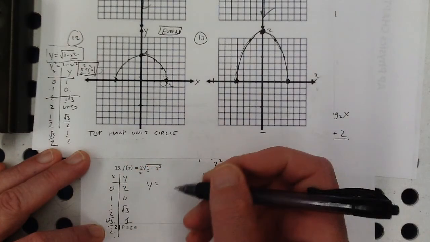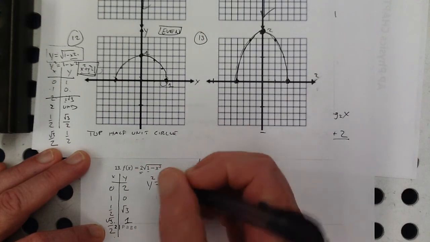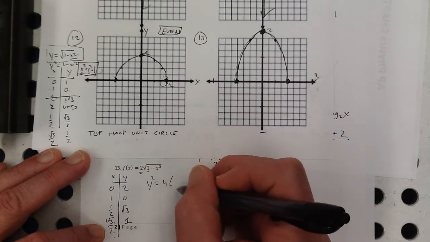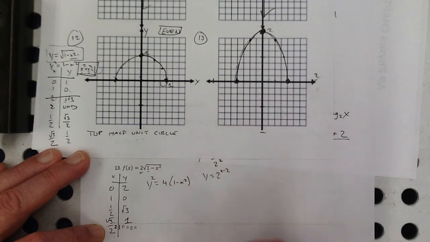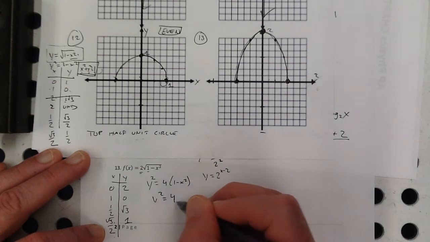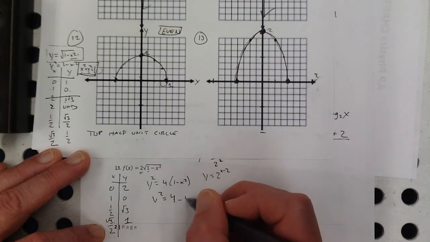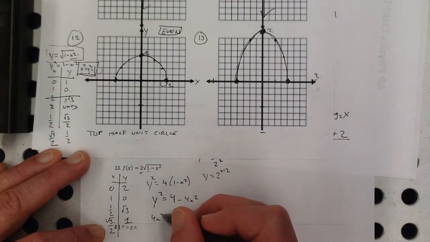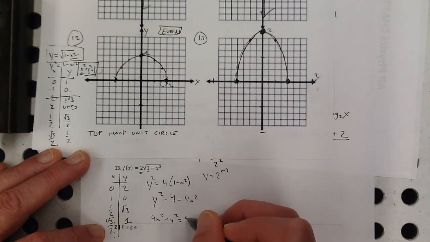Let's write a y here instead of that. If I square this, that turns into a 4, and this turns into 1 minus x squared. So y squared is equal to 4 minus 4x squared, and then I move that over: 4x squared plus y squared equals 4.